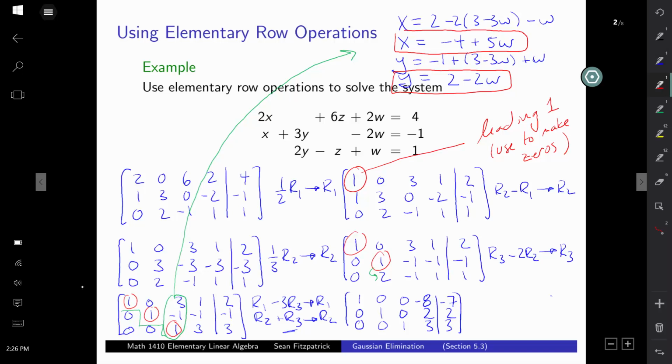This one here still says that z plus 3w equals 3, so I can immediately solve for z, 3 minus 3w, the same as before. The second row says y plus 2w equals 2, so I can solve for y, it's 2 minus 2w. The top row, here's where I must have messed up. X minus 8w equals -7, so x should be -7 plus 8w. It's not what I got before.